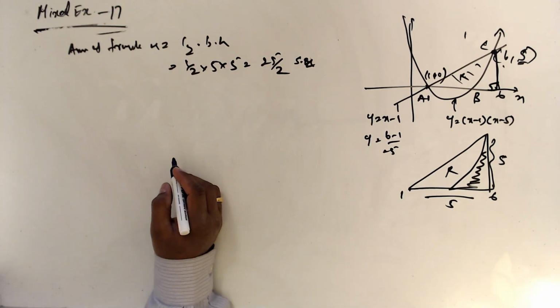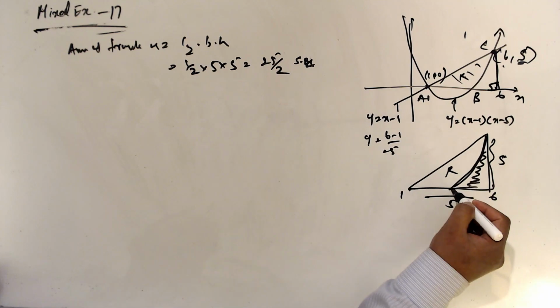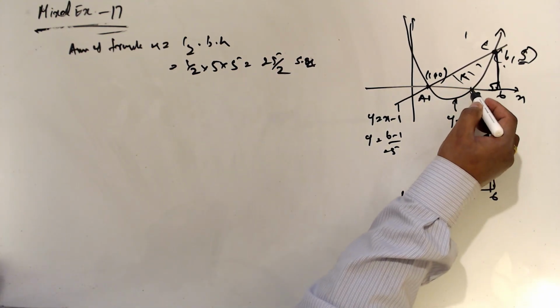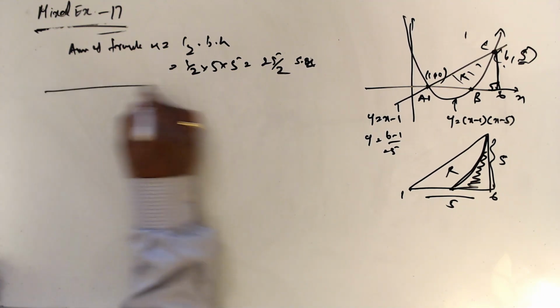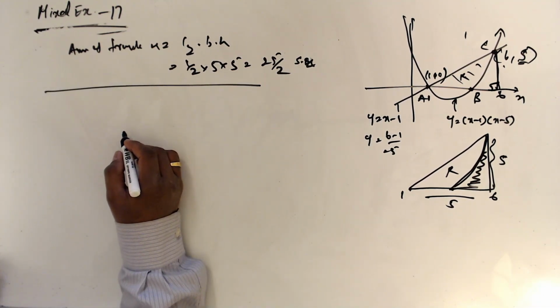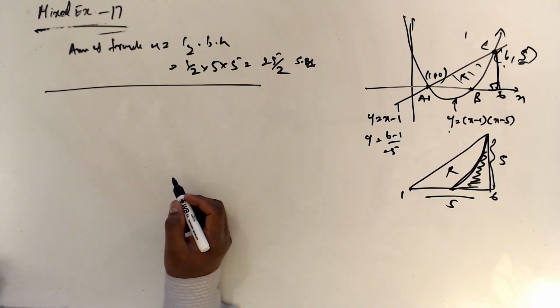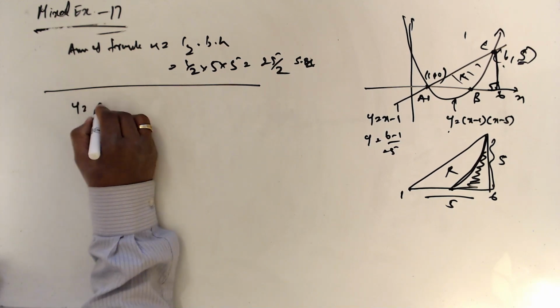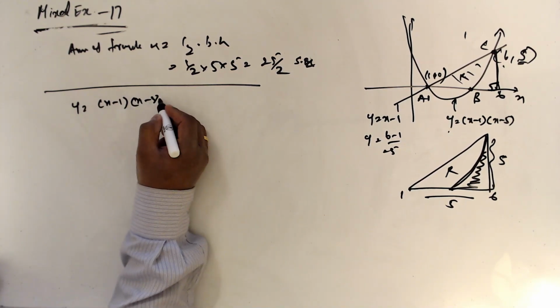And now we'll integrate the curve from this point B to 6. Now I need to know the point B. At point B, y equals 0. So y equals x minus 1 times x minus 5.